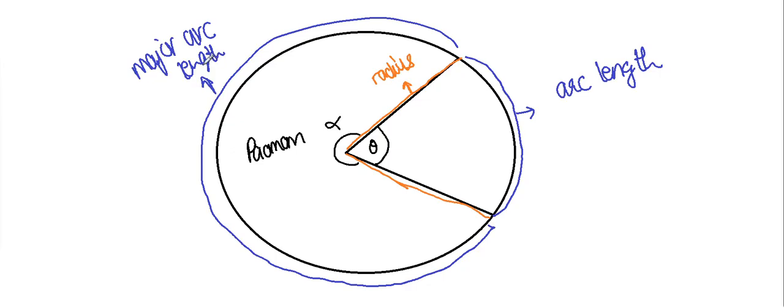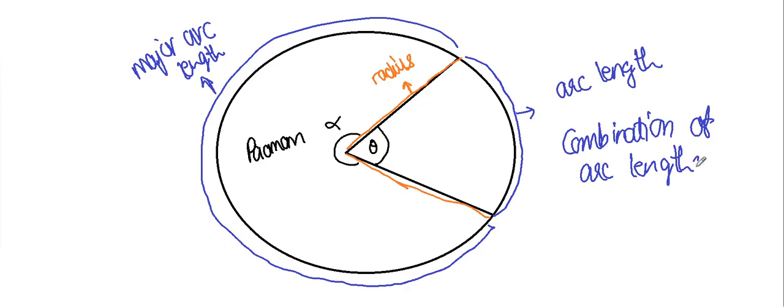Now, a combination of arc lengths gives a complete circle, right? Yes, gives a complete circle. We know this. Now, how do you find?